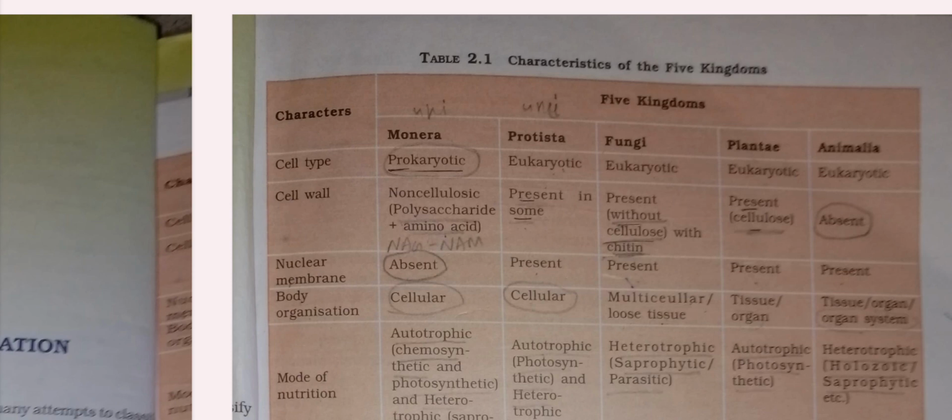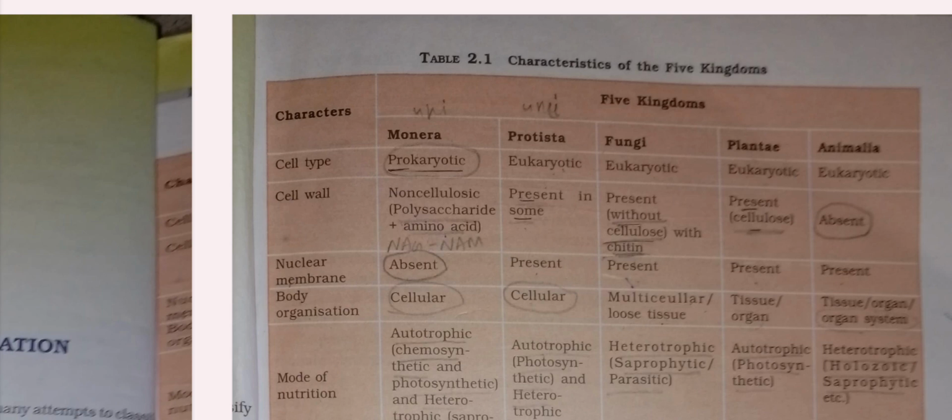Cell type, then cell wall. In Monera, their cell wall is made up of non-cellulosic, that is polysaccharide and amino acid. Okay. The cell wall in Monera is made up of polysaccharide and amino acid.